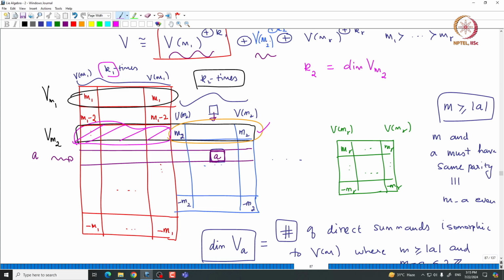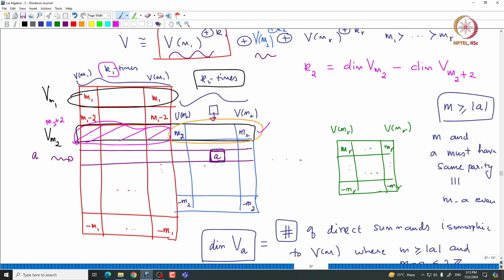That, for example, can be captured by just subtracting Vm2 and then Vm2 plus 2. So, you go to m2 plus 2, which is just a little higher weight that appears here. So, this is the weight m2, then you go to the weight m2 plus 2.